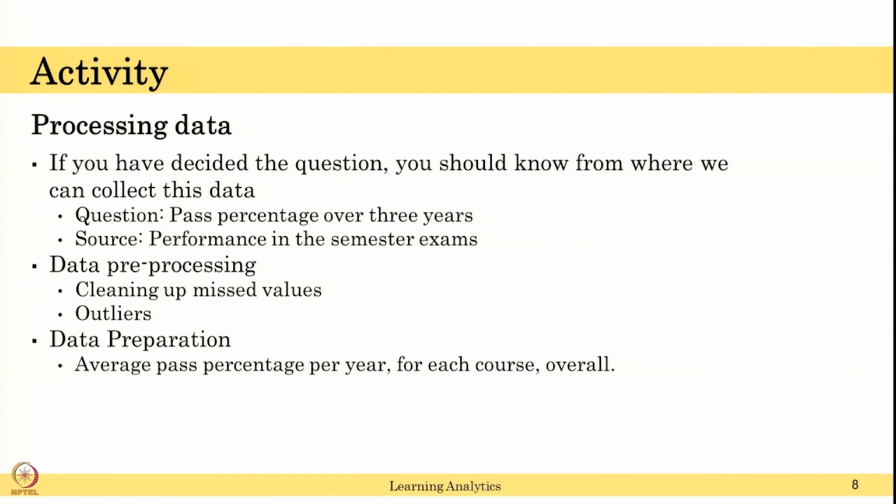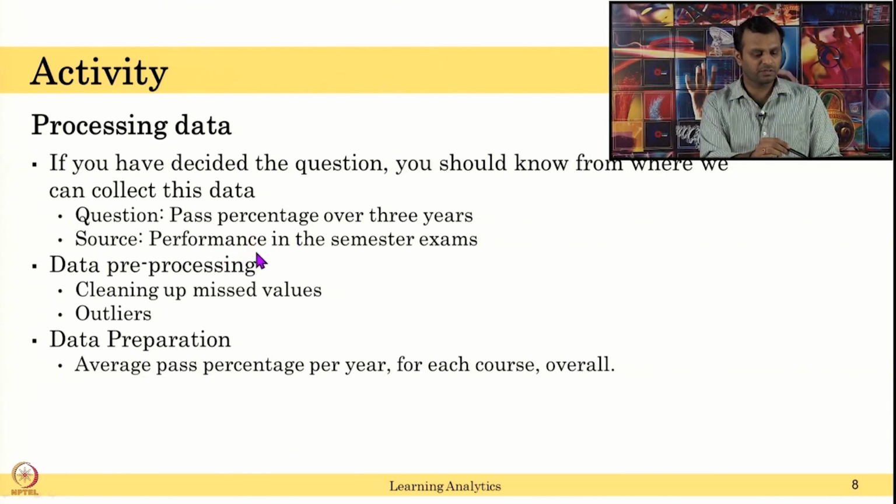So, based on your research question, you will know which data to collect and how to collect it. If it is the pass percentage and performance over 3 years, I can collect data from the mark sheets or from the performance in the semester or mid-semester exams.